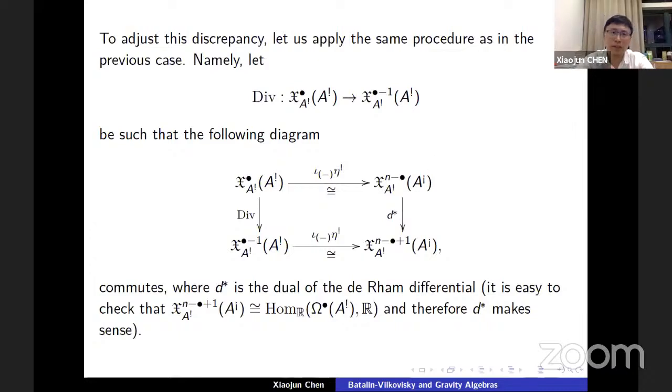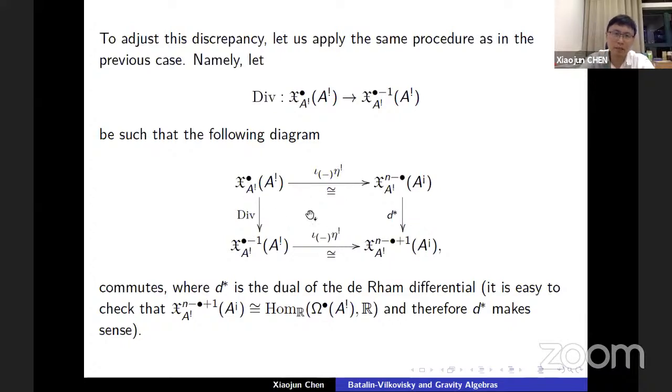So now you see, to adjust this discrepancy, we apply the same technique as before. So consider the divergence, like before. We consider the following commutative diagram. Here, this D star is the dual de Rham differential, because here we may view this polyvector with value in the dual, by direct check, to be the linear dual of the de Rham complex. You see, the right-hand side is a linear dual of the de Rham complex. So we can apply the dual of the de Rham differential to it.